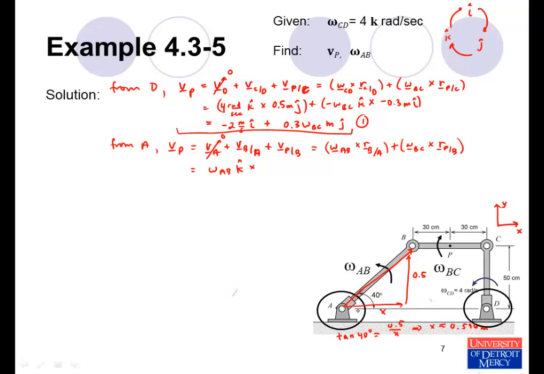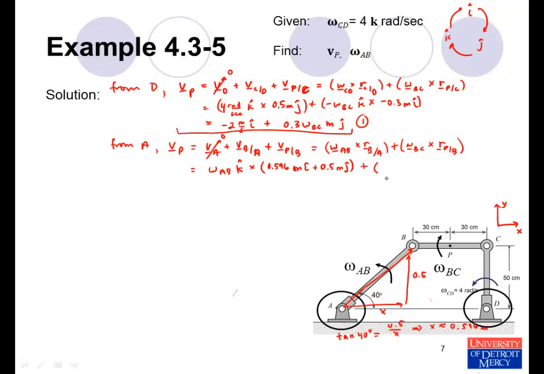And so this position vector, we've got a component 0.596 meters in the positive i, plus a component 0.5 in the positive j. So 0.596 positive i plus 0.5 meters in the positive j.